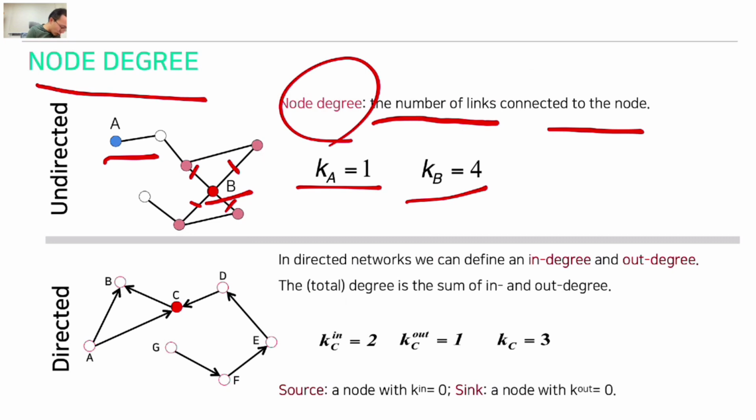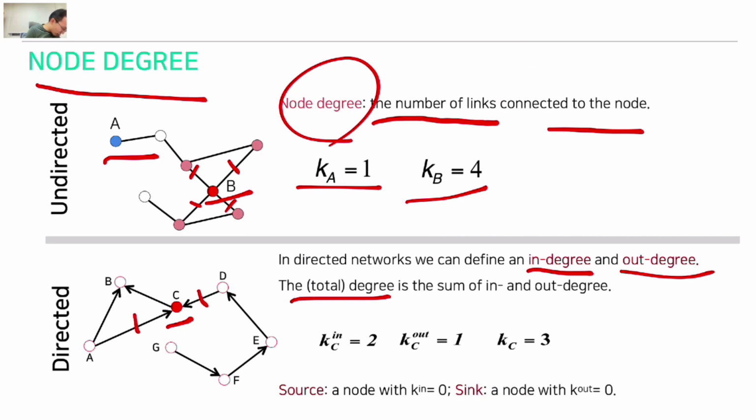What about the directed case? We need to consider their direction, and by considering that information, we can define the in-degree and out-degree concepts, right? The total degree is the sum of the in and out degree. So here's an example. In C, how many edges are coming to C?